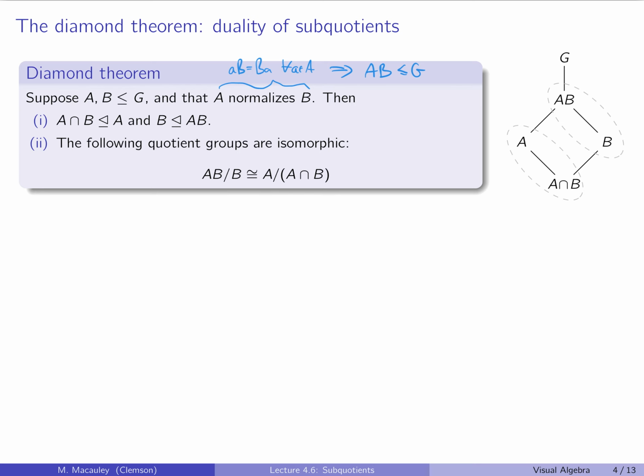Okay, so let's unpack this. This is a little bit algebraically dense, but once we draw the diagram, it becomes a lot more clear. So the fact that AB exists means that we have this natural diamond motif in the subgroup lattice. These normality questions just means that these quotient groups are defined: A mod A intersect B and AB mod B. And then the second part says that these quotient groups are isomorphic.